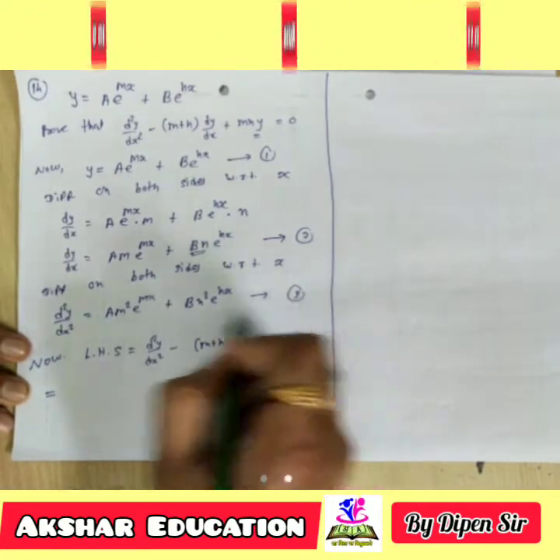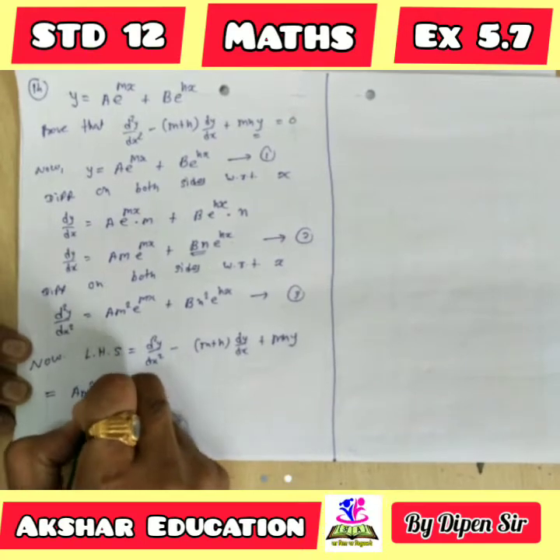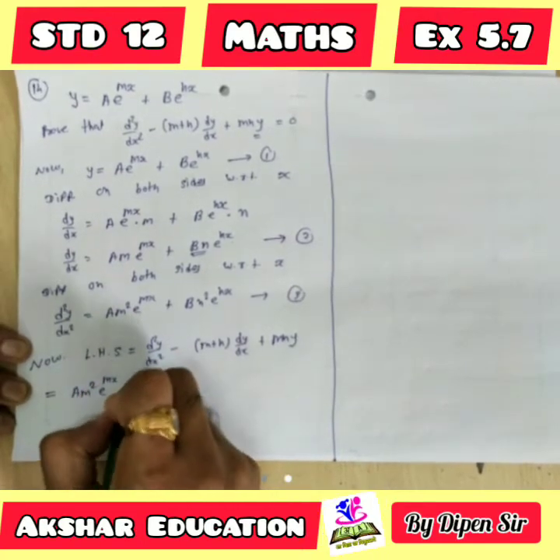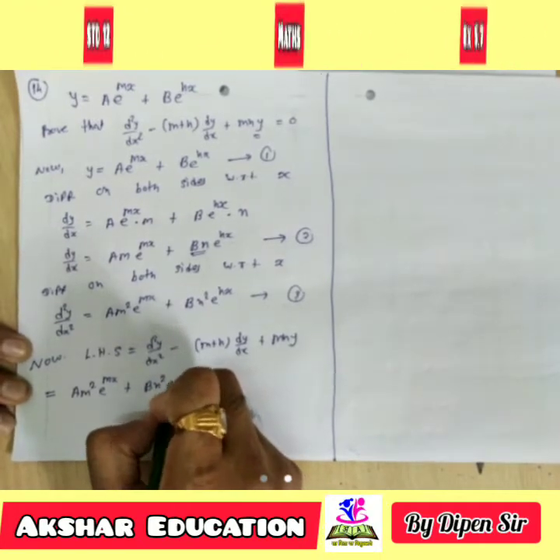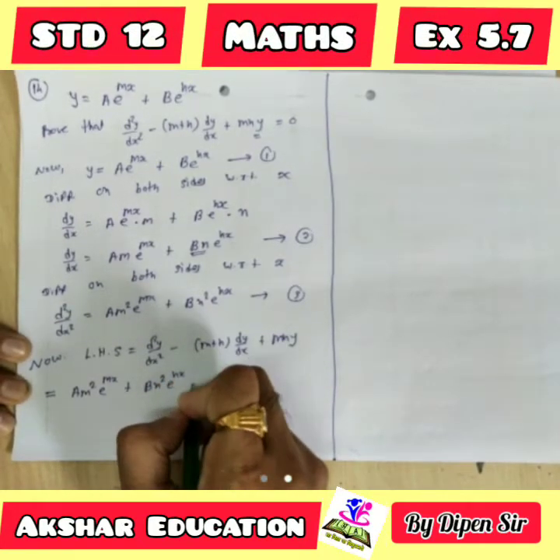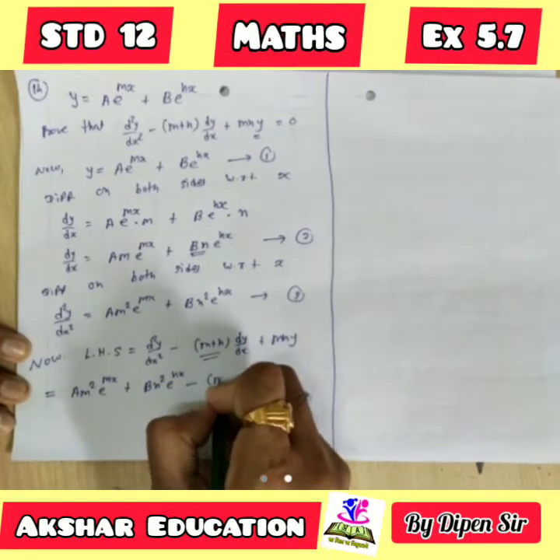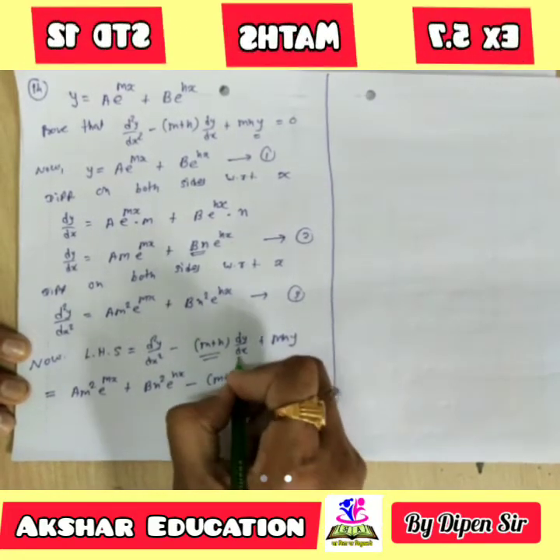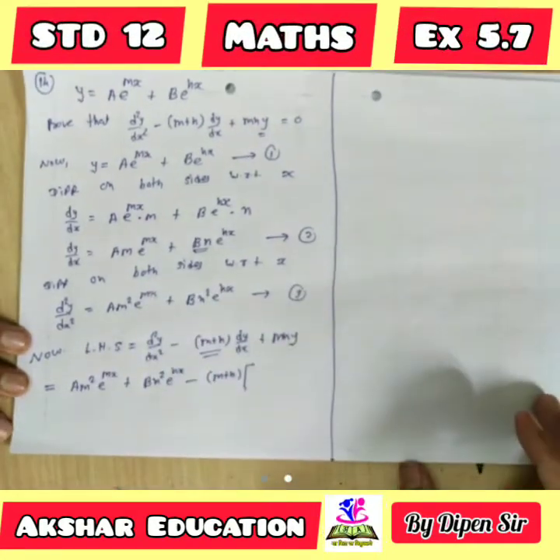So equation number 3 is a m square into e raised to mx plus b n square e raised to nx minus this m plus n into dy by dx. Our dy by dx is equation number 2.